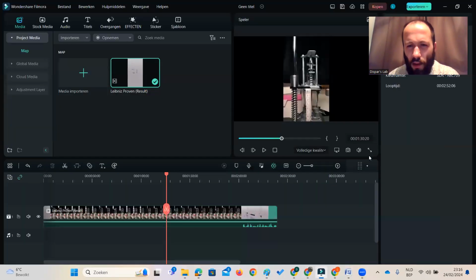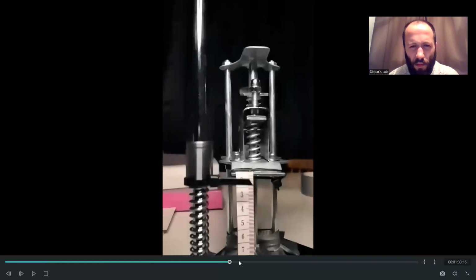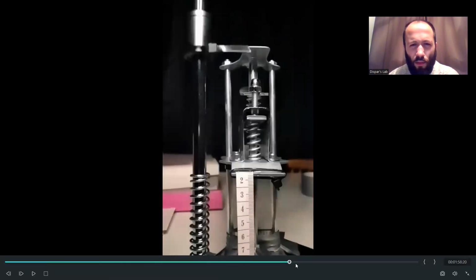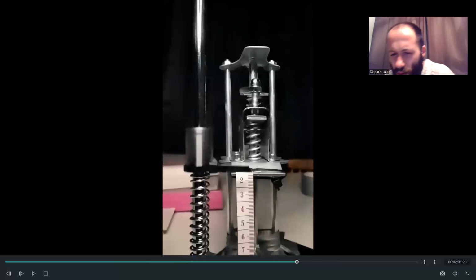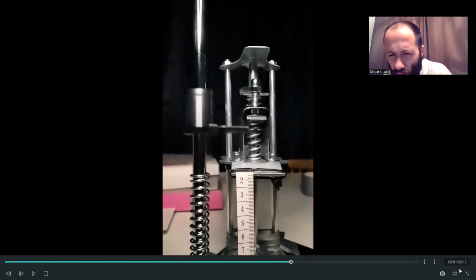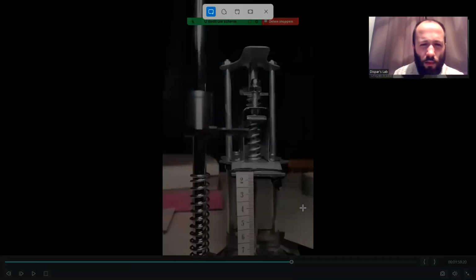Now, second trial. Right before impact. Let's pick 201.20. So we have to go to 199.20. There we go. Print screen.